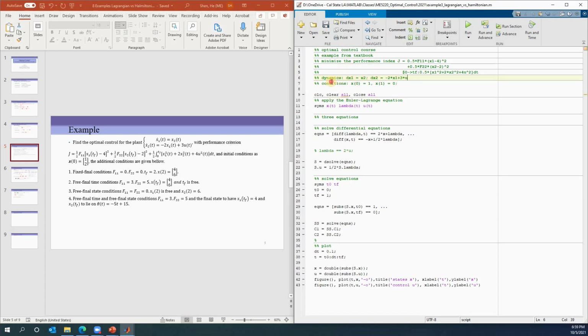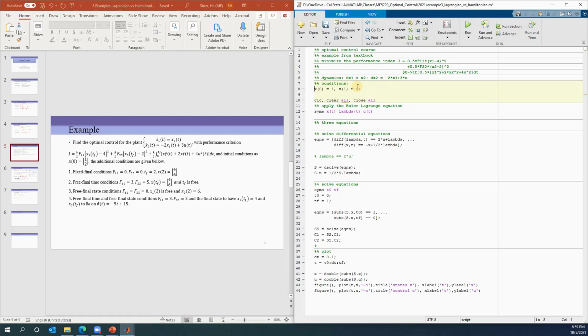And the boundary conditions, the first boundary condition is a fixed final condition. And here f11 is equal to 0, f22 is equal to 0, and tf is equal to 2, x of tf is equal to 4, 6. We do know there is another initial condition, x0 is equal to 1, 2. Right? So x1 0 is equal to 1, and x2 0 is equal to 2. This initial condition will apply to all these different cases, right?